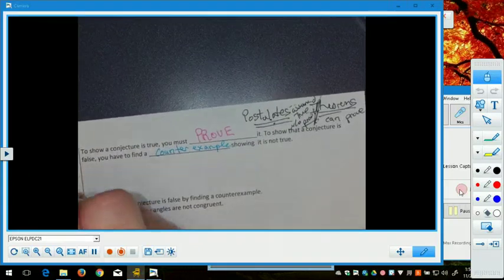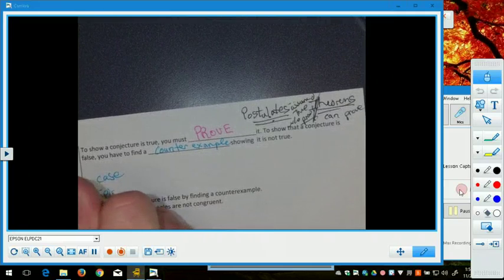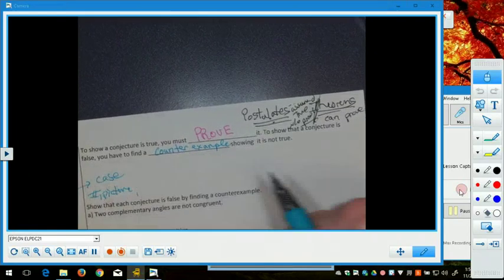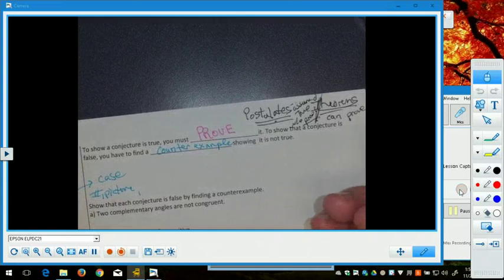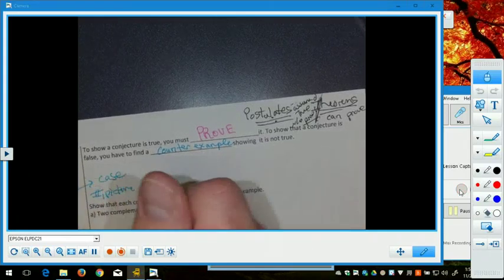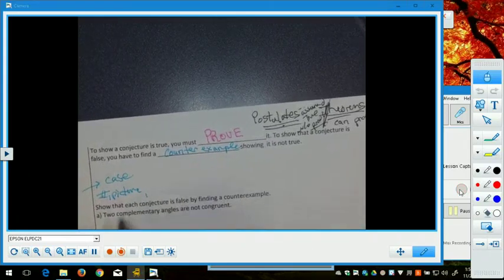A counterexample is a case, and it could be a number, it could be a picture, a drawing. I'm trying to think if there's one more thing it could be.